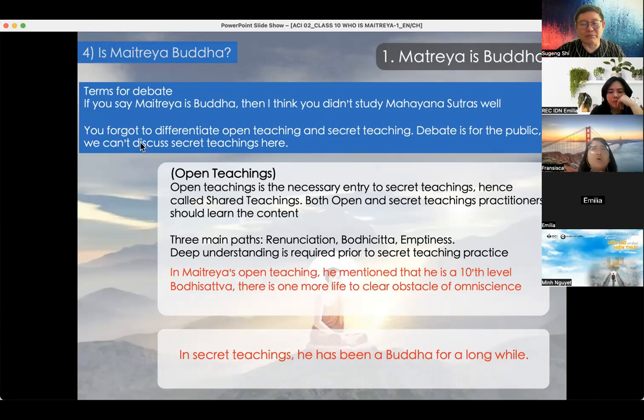Even Lord Buddha Gautama, in the open teaching, we learn that he was born in Kapilavatthu as a son of King Suddhodana, then went through his practice, learned, and became a Buddha. But in the secret teaching, he is only pretending to be a human coming to this world to show us the way to become enlightened. It is the same with Maitreya, Manjusri and so on.